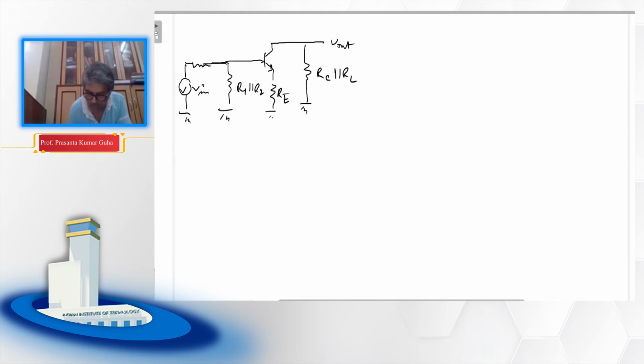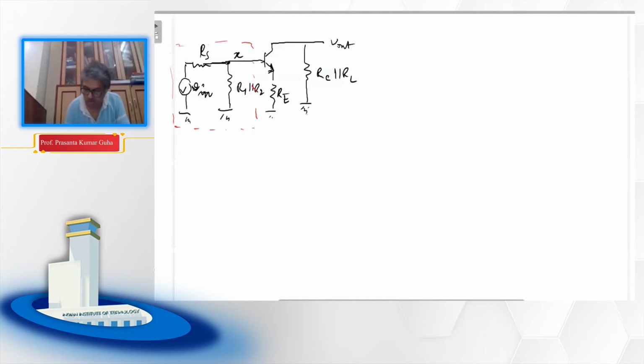Although we were discussing the biasing and not the common emitter amplifier portion, we used the V Thevenin and R Thevenin configuration to find the corresponding expression. So you can change this portion into the form of V Thevenin and R Thevenin.